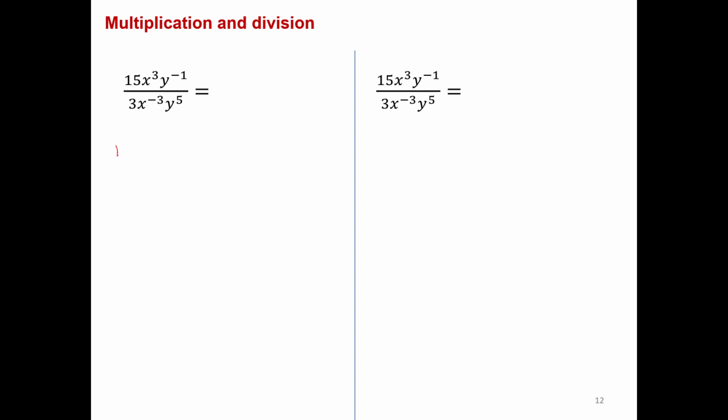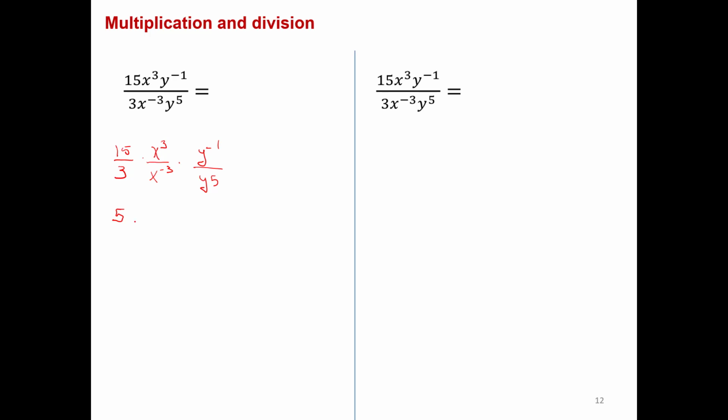Then 15 over 3. Let me write this one. x to the third, x to the negative third, y to the negative 1, y to the negative 5, and 15 divided by 3 is 5.